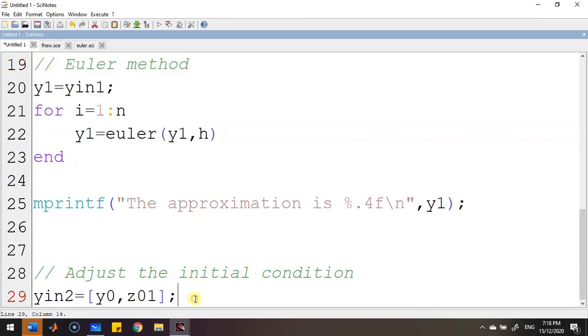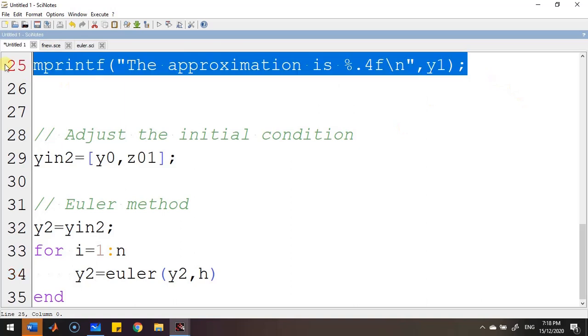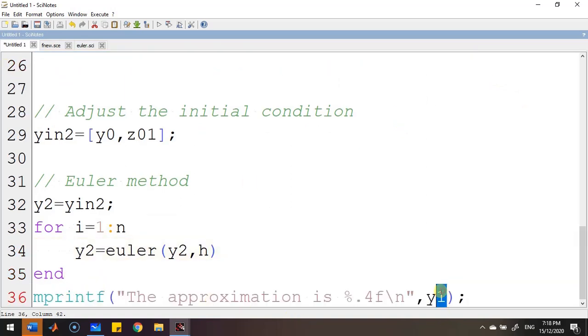I'm just going to copy and put it here, but I'm going to call this y2 equals y in this initial condition. Then I copy this mprintf so that it can display the choice of y2.